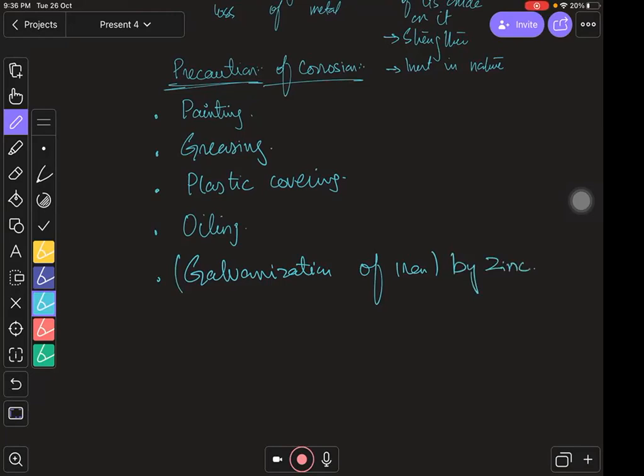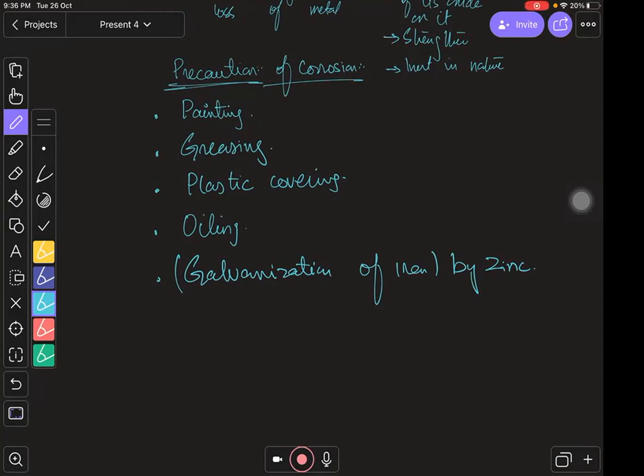We spray zinc on the surface of iron to protect the inner iron from corrosion. It is the best way to avoid corrosion on the surface of iron. For the cars that are made, the steel body or iron body first has zinc sprayed on it, so that the precaution is applied beforehand and we are saved from rusting.